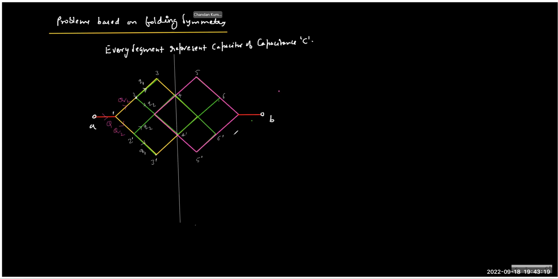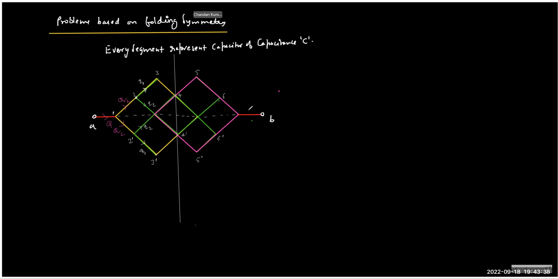So if you connect back 2 with 2 dash, 3 with 3 dash, 4 with 4 dash, 5 with 5 dash, and 6 with 6 dash, the entire circuit will fold about the half, isn't it?